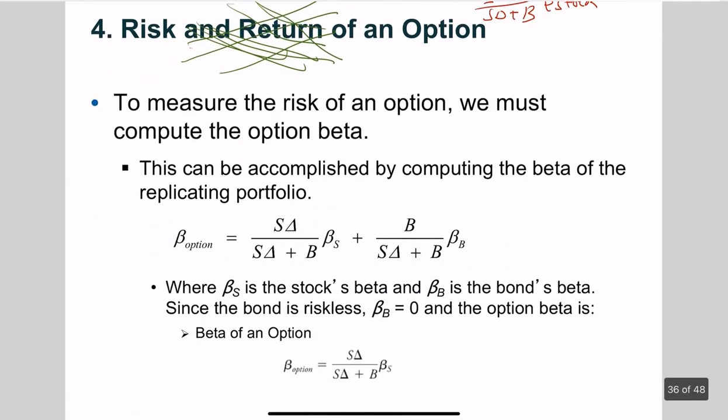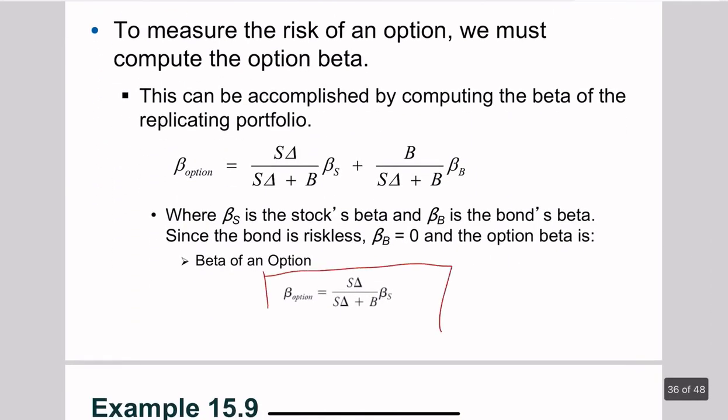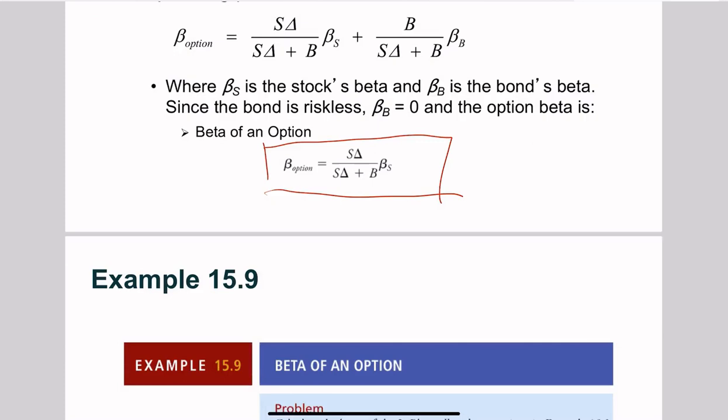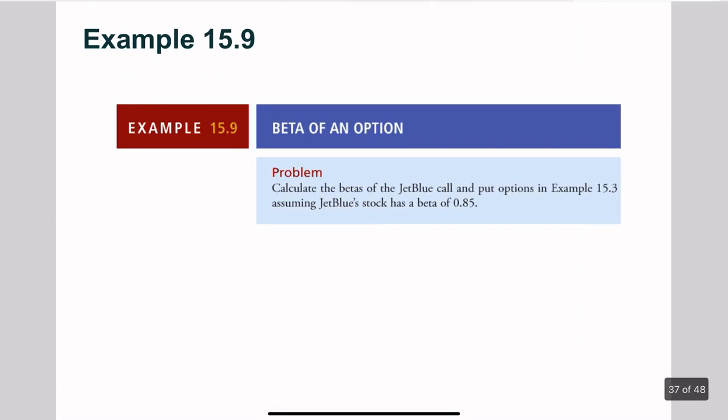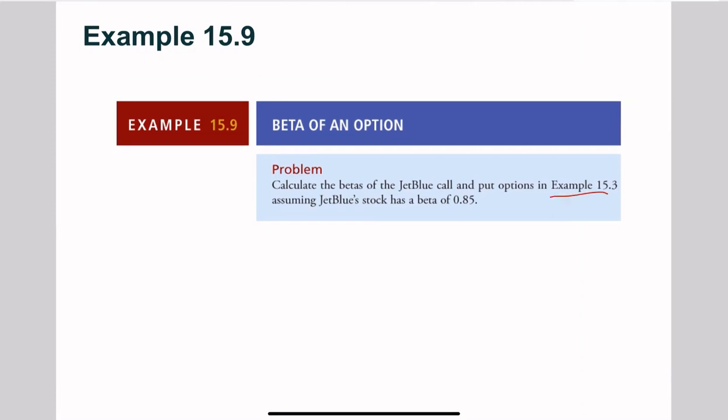So this is exactly what you're getting in this lecture note. Okay, now let's look at this example. Calculate the betas of the Jetblue call and put options in example 15.3, assuming Jetblue's stock has a beta of 0.85. So let's first write down the formula.